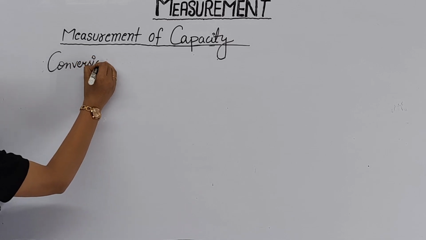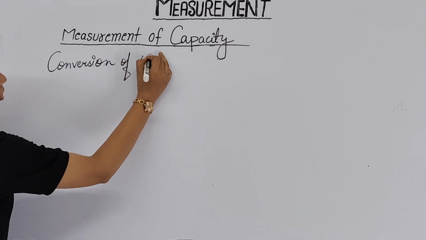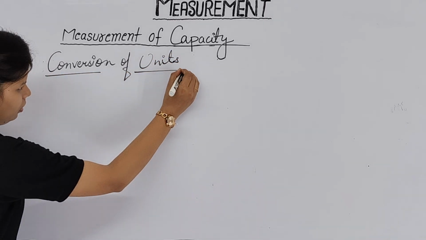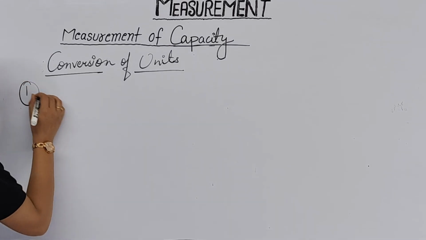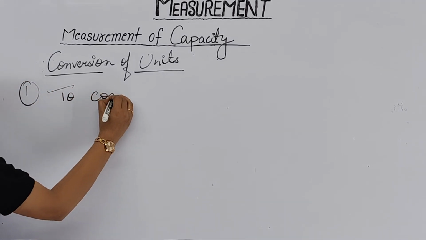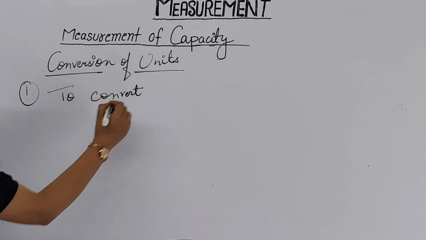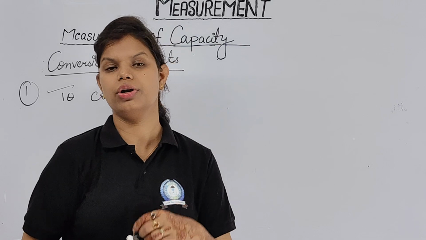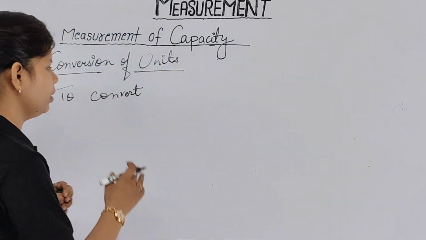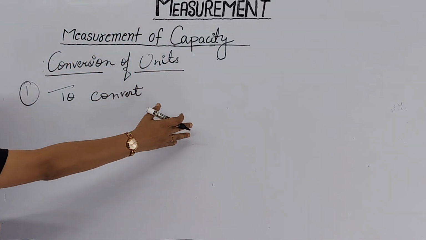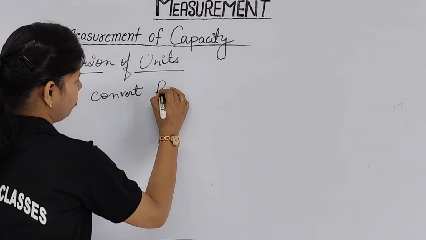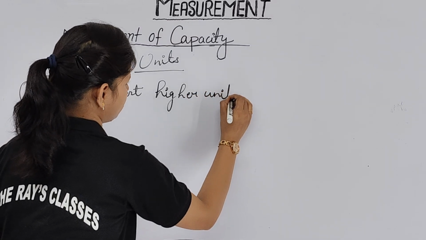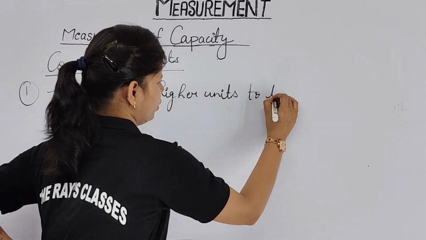Conversion of units. If you know the answers, you can give it in comment section. First point of yours is what? To convert smaller unit to the bigger unit, what you will do? Or to convert bigger unit to the smaller unit, what you will do? So let's take the first example. To convert higher units to the lower one, what you will do? To convert, multiply higher units to lower units.